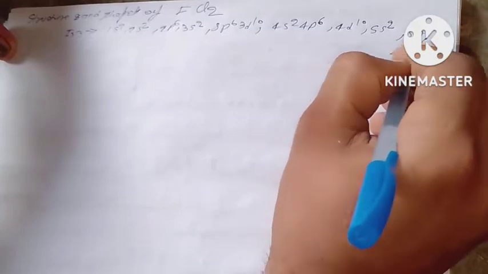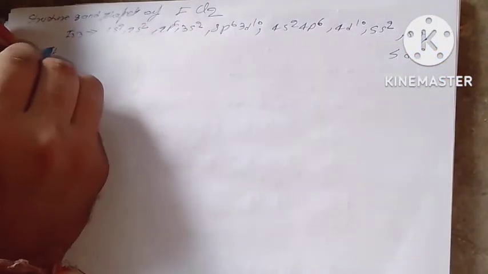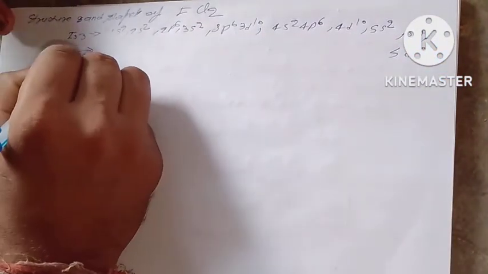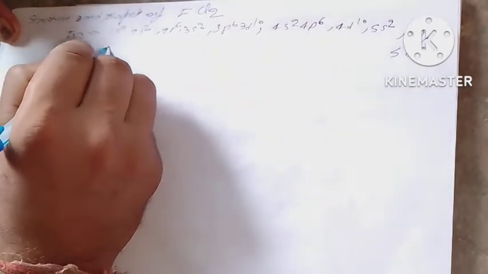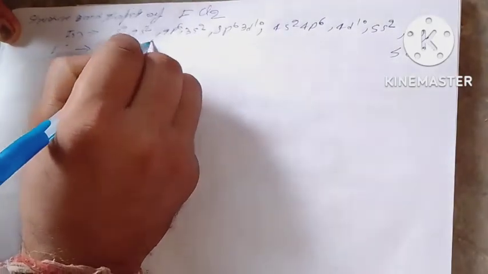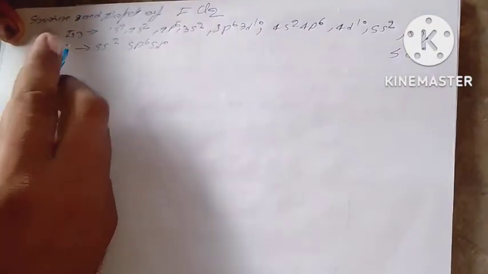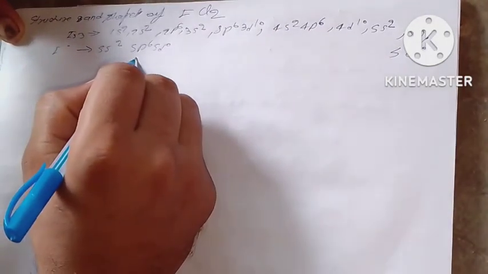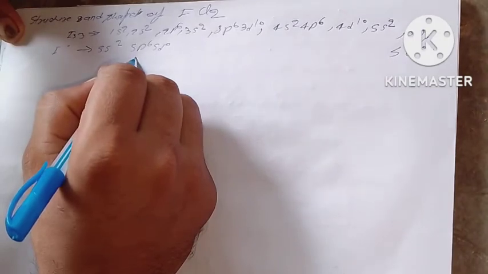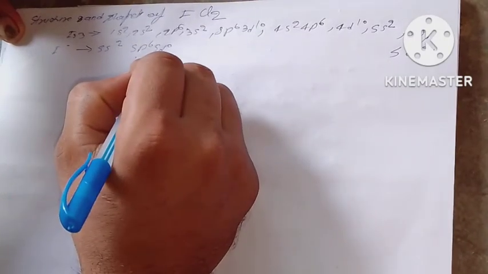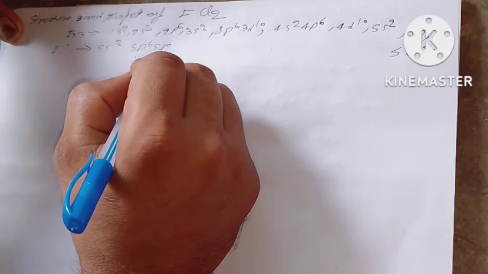The iodide ion has 5s2, 5p6, 5d0. One of the electrons of the 5p orbitals is excited to the 5d orbitals, so that there are two unpaired electrons.